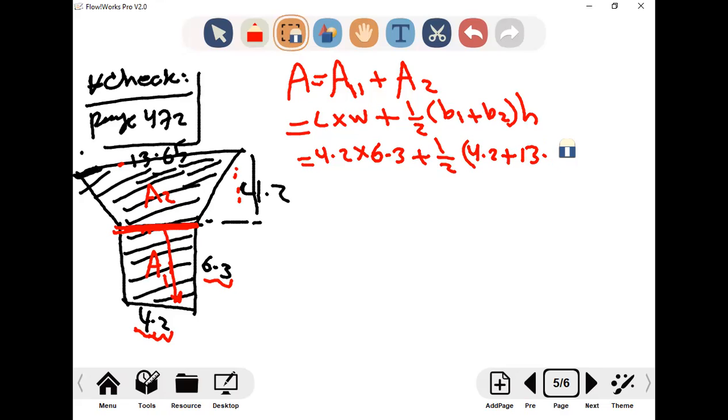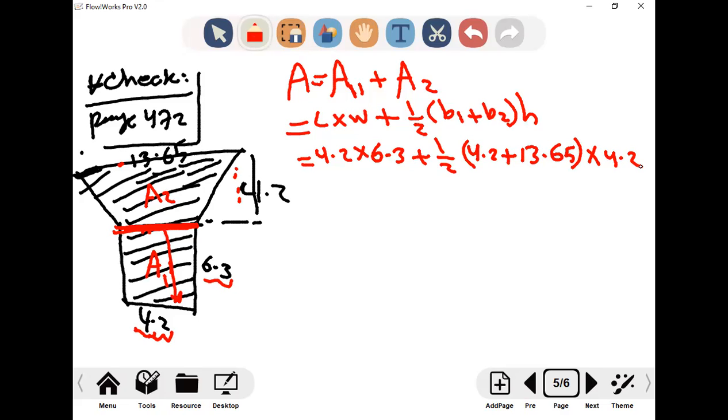plus base 2, 13.65, multiply the height, which is 4.2. Normal area. We found what? The area. Let's multiply, calculate.